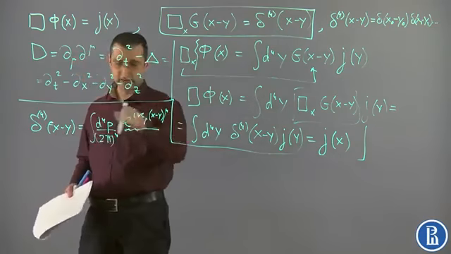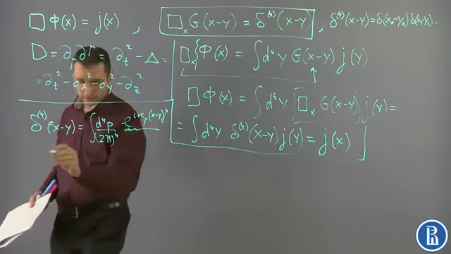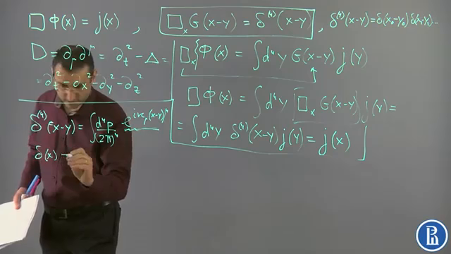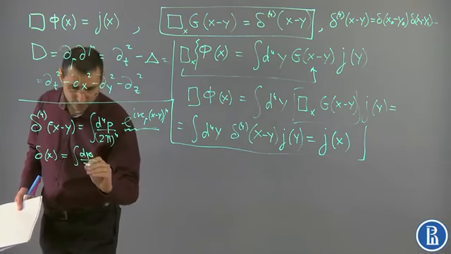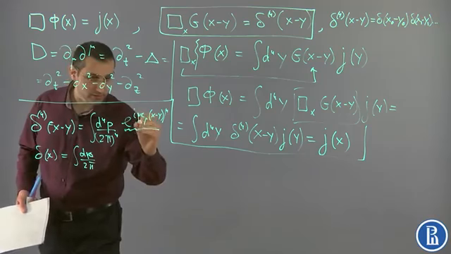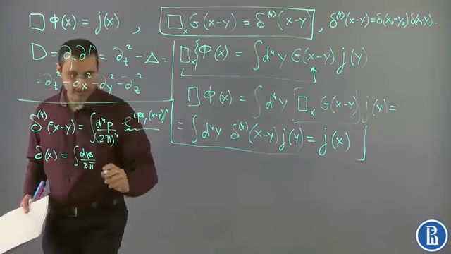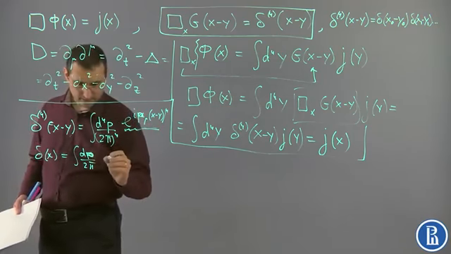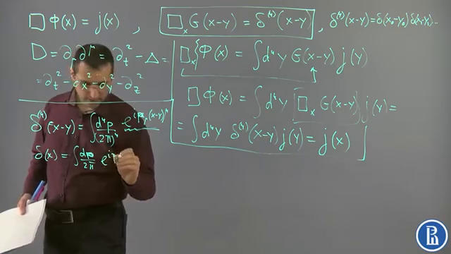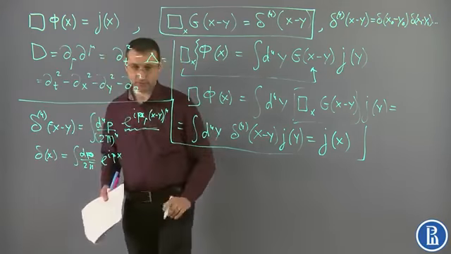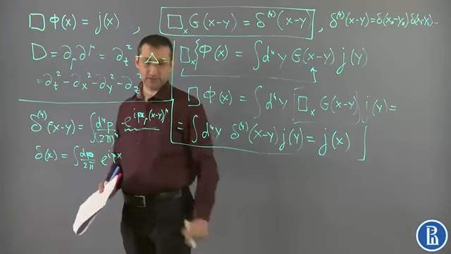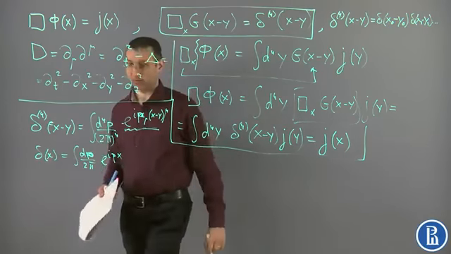This is the Fourier transform of the delta function, according to the rule that delta of x is just the integral dp over 2 pi, e to the i p x. So the product of 4 delta functions is a product of 4 integrals, and the product of 4 exponents is just this. So this is trivial.